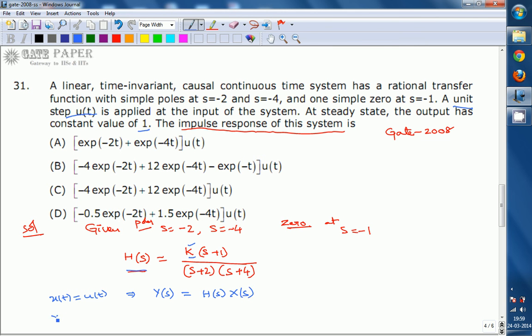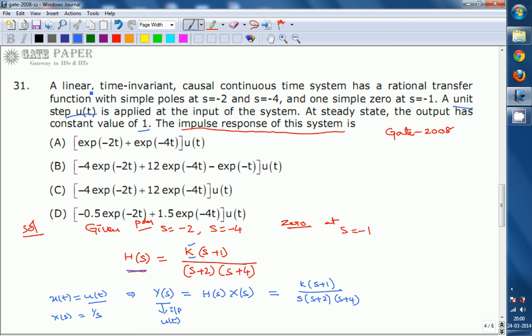Applying the Laplace transform for u of t, X of s is 1 by s. So substituting, we get Y of s equals K into s plus 1 divided by s into s plus 2 into s plus 4. So this is the output for input u of t.